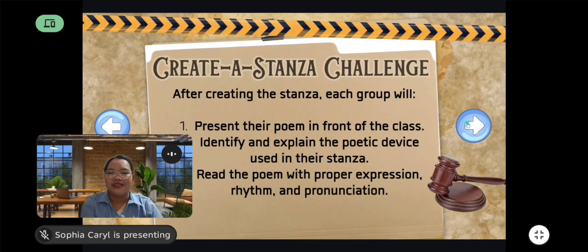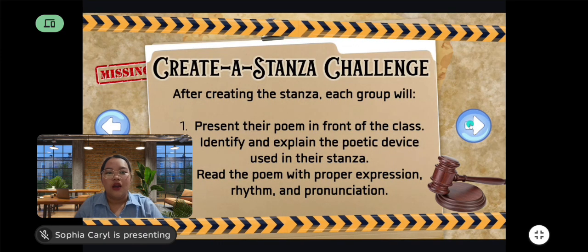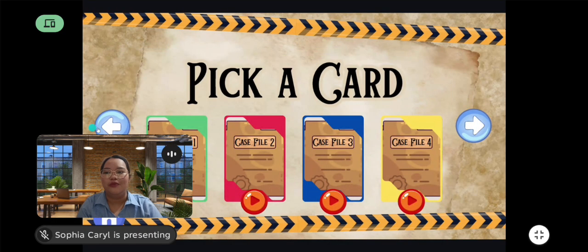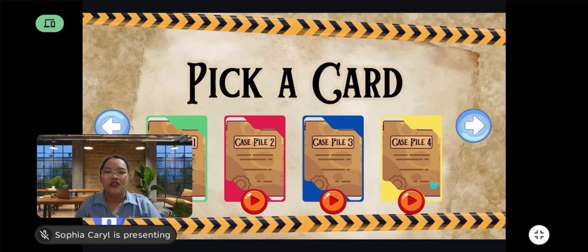What makes this exciting is how the learners will be given their tasks, since they will be picking a card. The class is divided into four groups. They can pick a case file. For example, I am from group 1, and I will be picking a case file.